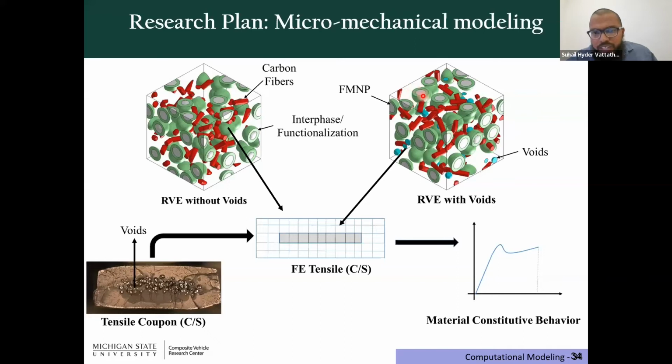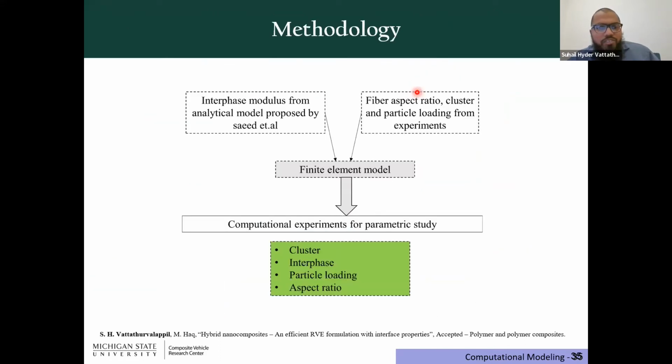The properties of that region are somewhere in between. So you need to account for that region as well. We created an analytical model based upon another study, and we incorporated that model as a UMAT, or material subroutine, into the software to get better accuracy.